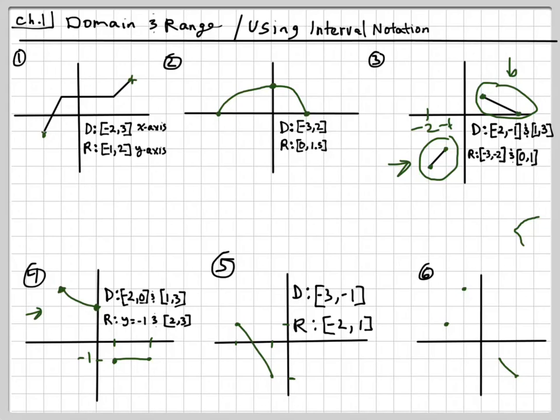Now for number 6, we have a combination of 3 items. We have two of them which are dots, and then we have this little curve on the right side of the y-axis. So let's start with the domain. The smallest x, you're going to find on the point or curve that is furthest to the left.